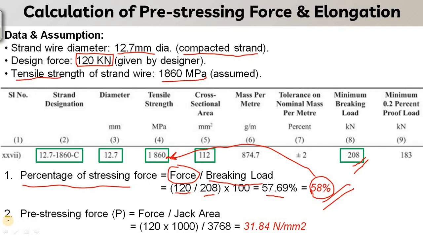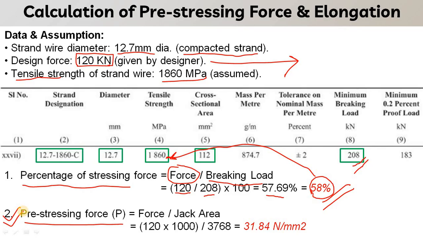Now let us come to step number 2, which is the pre-stressing force, that is P. This force is another force, the force on the wire. Now we are going to check how much pre-stressing force we have to apply, because it depends upon the jack area.